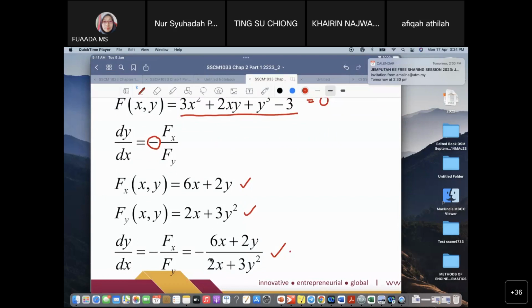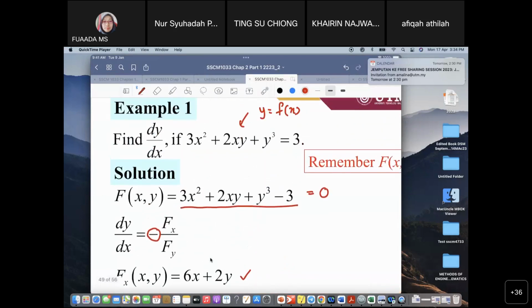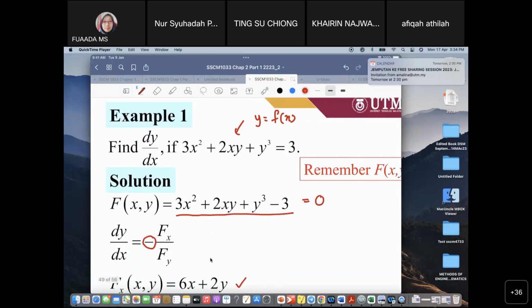Okay. Kalau you buat teknik biasa, dia lagi leceh lah. Leceh maksudnya you kena dapatkan differentiate term by term. Differentiate the 3x squared plus differentiate terhadap x 2xy and differentiate semua tu lah terhadap x.